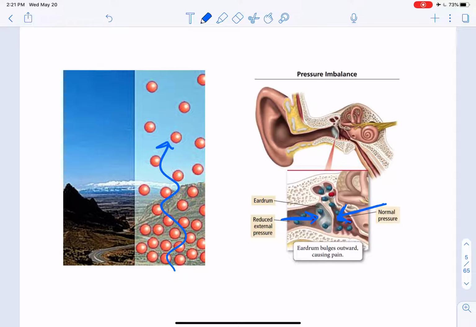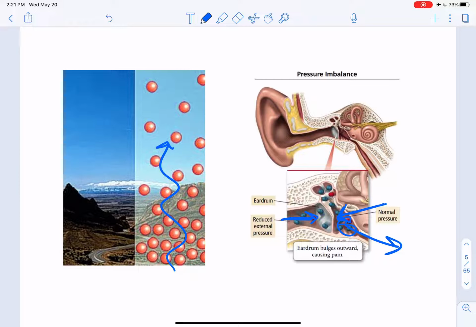Now, what happens is you swallow or you yawn, and some of this air goes out and it equalizes the pressure on each side of your eardrum, and it gives you relief. And you feel that little popping sensation and you can hear again, and you're like, oh, thank goodness. Or you chew gum. That's another way to do it.